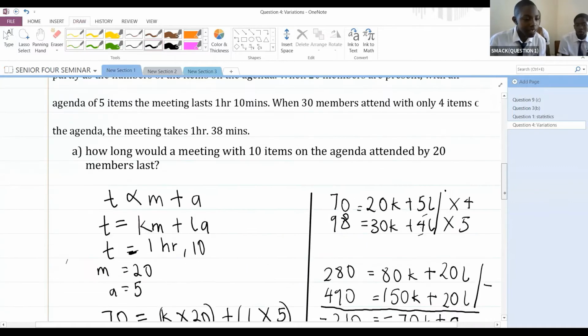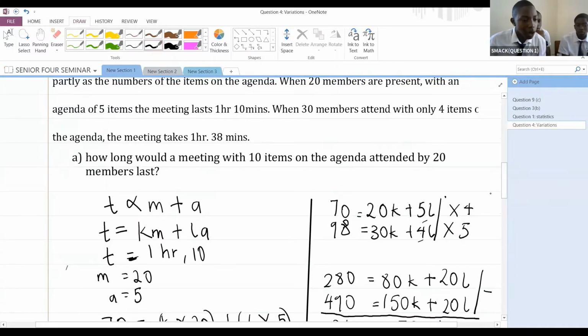Now part A says, how long would a meeting with 10 items on the agenda attended by 20 members last?